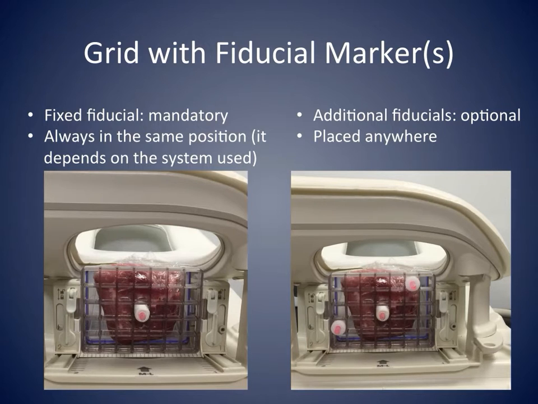In our system, the fixed fiducial is placed in the center of the grid at the block named C4. Additional fiducials may be placed in several systems to improve accuracy in X and Y calculation. Once the fiducials are in place, we're ready to place the patient in the scanner and start imaging.